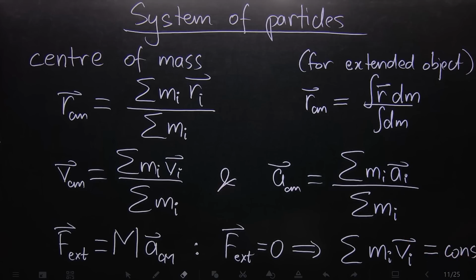That is, the center of mass will have constant motion, and that just means that the momentum of the system will be conserved. The total momentum of all the objects in the system should be constant. This is simply the first law of Newton for a system of particles.